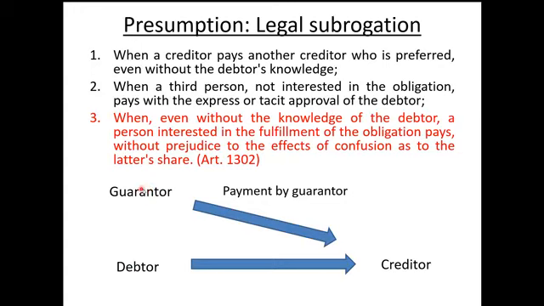Kaya ito yung third person, binayaran daw to kahit walang consent ng debtor, magkakaroon ng legal subrogation. Pero without prejudice to the effect of confusion as to the latter share na. Okay, kaya ang effect niyan is subrogation, legal. Kasi third person to na may interest sa fulfillment ng obligation, binayaran to.